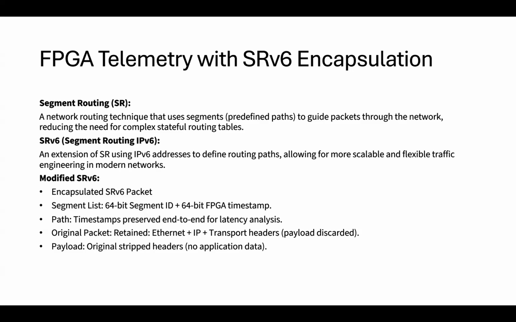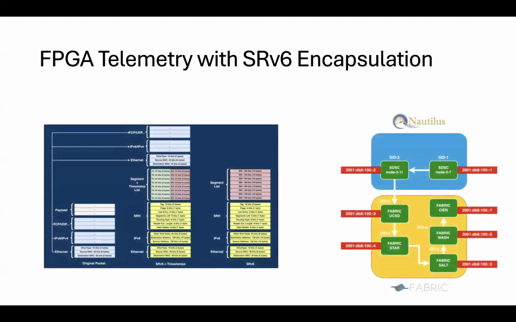Of course, the path here is between the National Research Platform and FABRIC. We preserved all the timestamps in the packet headers and sent them towards an endpoint that sends them to a database, stripping the payload data and keeping only the headers at every point. This is an oversimplified view of how we constructed our topology.